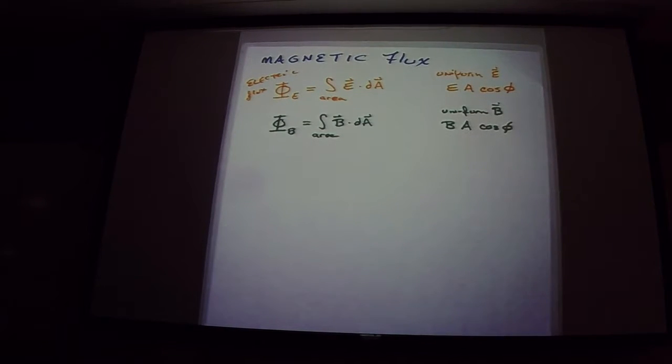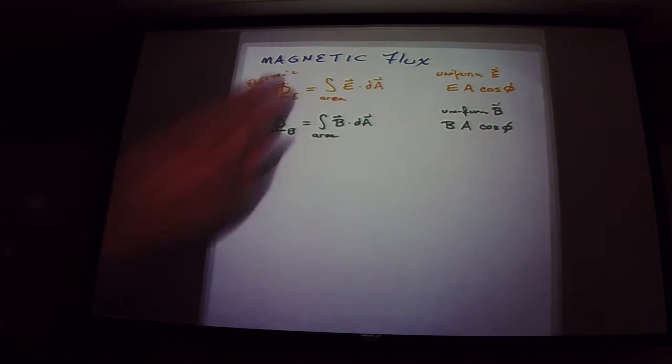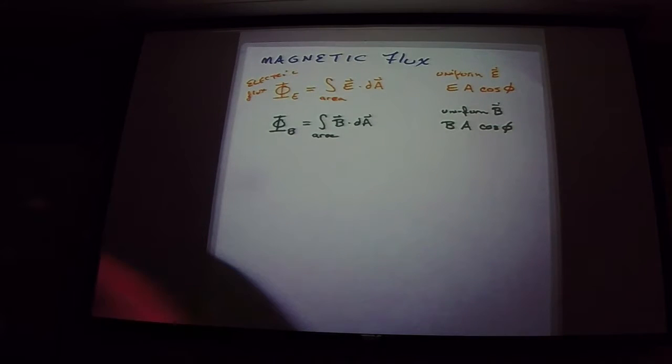Now there's a bit of a difference though between what happens when we do the magnetic flux and Gauss's law for magnetism than we end up with for Gauss's law for electricity. So we started out with this definition of electric flux, and then we talked about the electric field lines.